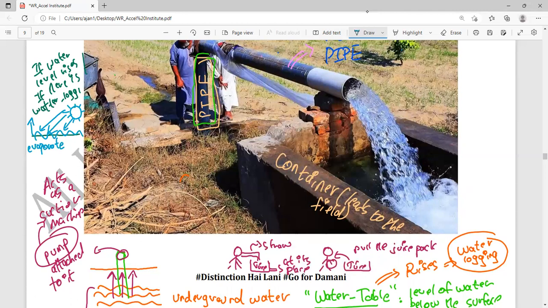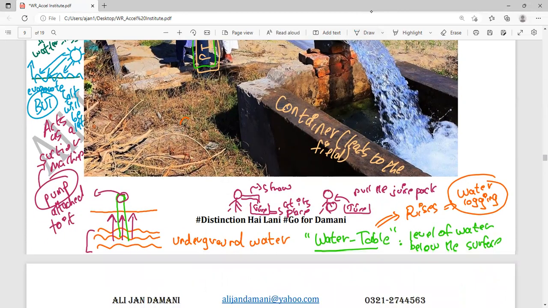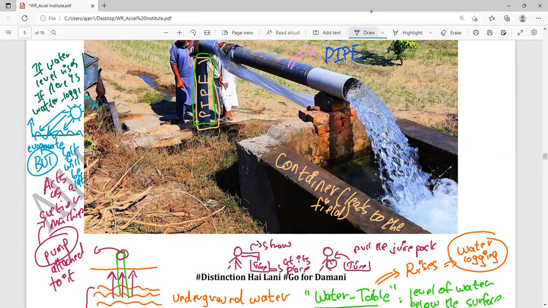The water is going to evaporate, but salt will be left behind. Afterwards, if waterlogging occurs, the water will evaporate, but salty patches will appear on the land.